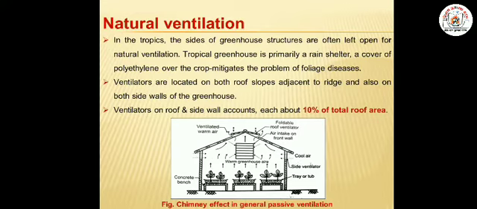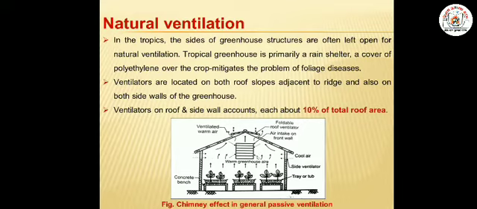In this way, flow of air from the ambient air into the greenhouse structure and from the greenhouse structure into the ambient air takes place. That is the chimney effect. It is generated due to such a flow path of the air, due to the temperature differences. That is how the chimney effect is generated.